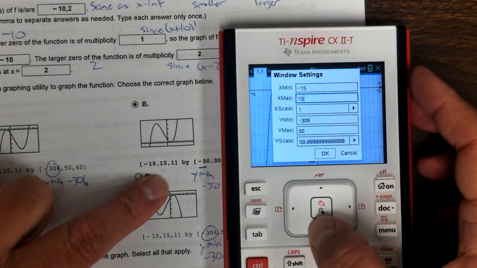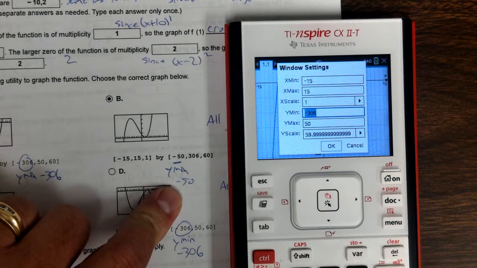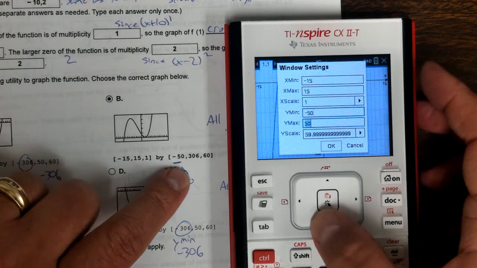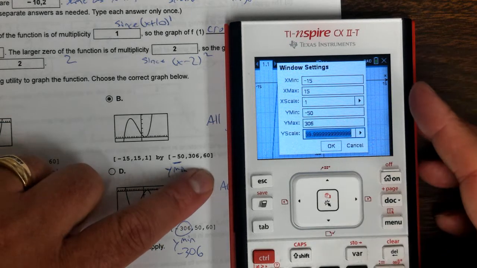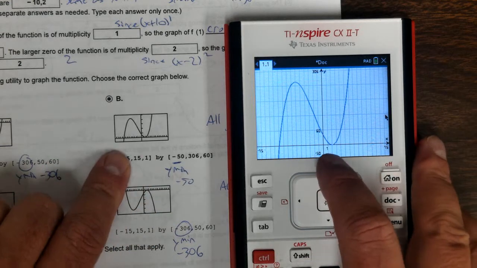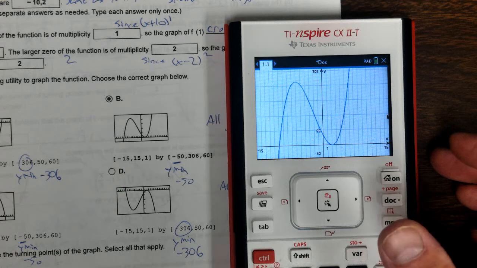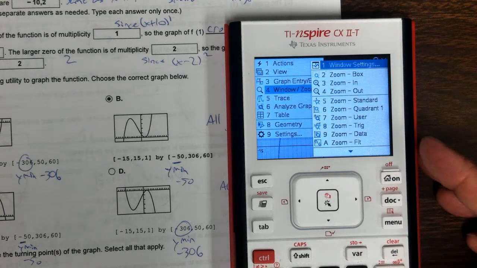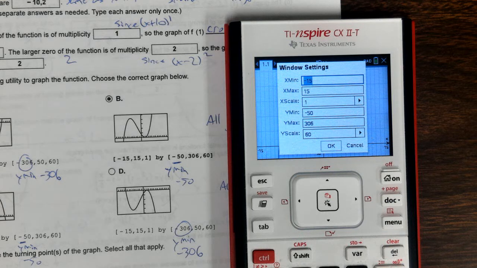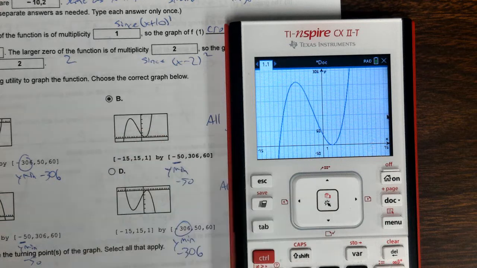This time we're going to change this to be, oh, and that changed all to 59.9s. It's weird. This one we want negative 50 to 306 by 60. Okay, and that looks exactly like what we want. I'm going to go back to my window settings. Okay, that time it kept the scale exactly 60. Okay, but that was what we wanted for B.